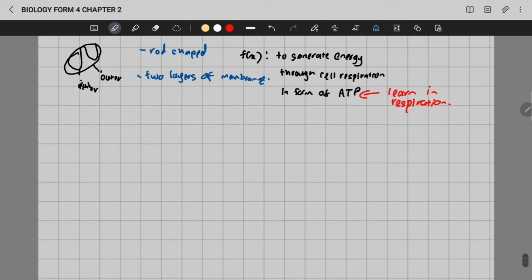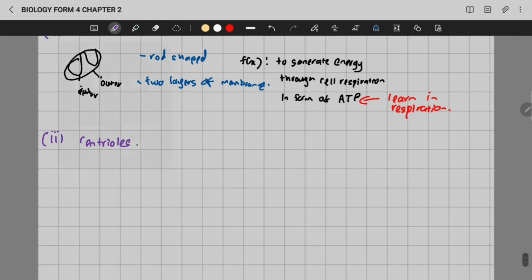So the third organelle, our journey is so long, still so long. So the third organelle is the centriole. This is one of the cell components or organelles that I stated before. They only exist in animal cells. Why?